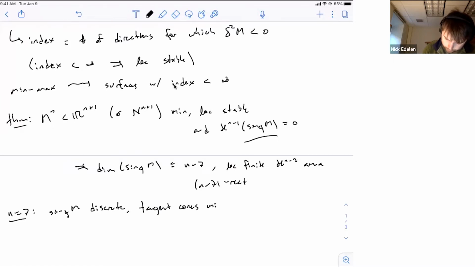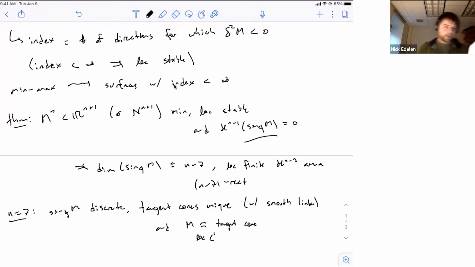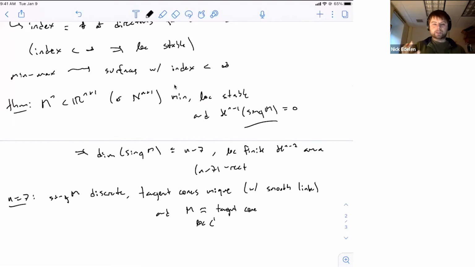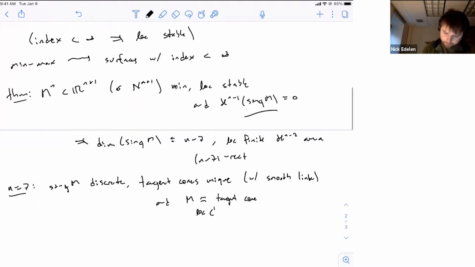They have a smooth cross section, a smooth link, and near every tangent cone, M is a locally C1 perturbation of its tangent cone. So this gives you a very precise picture of the fine scale behavior of any 7-dimensional locally stable minimal hypersurface.